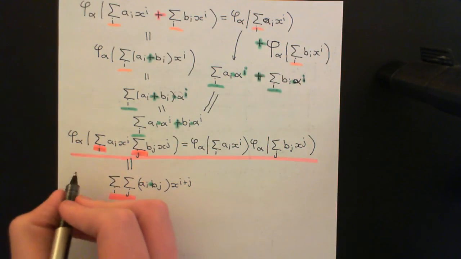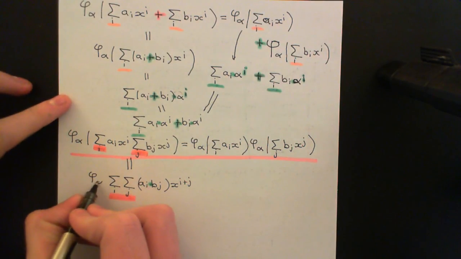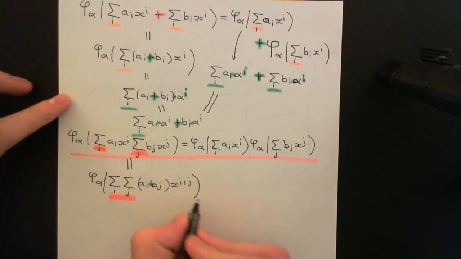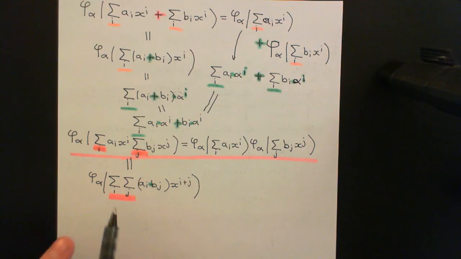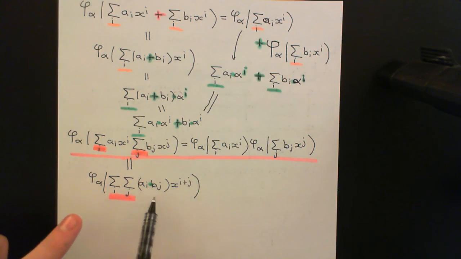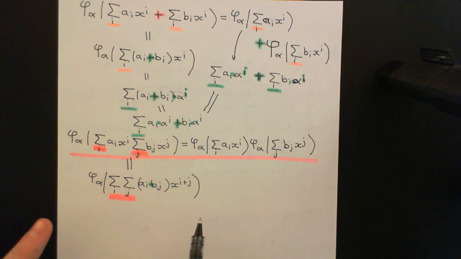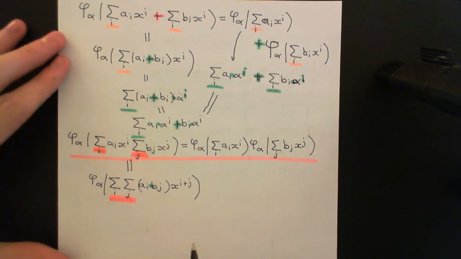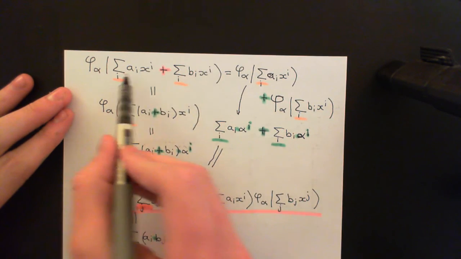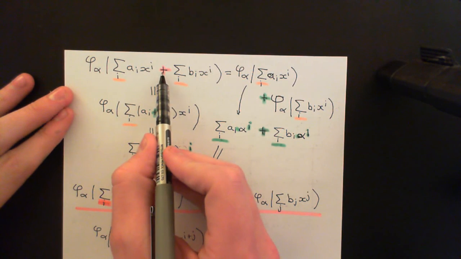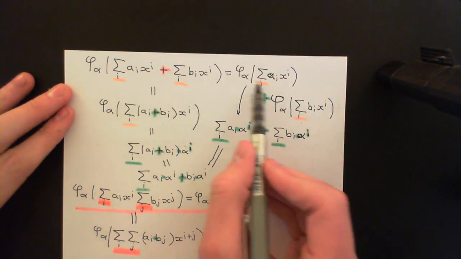Okay, and now what we want to do is take phi sub alpha of this thing. So this is a great big sum of monomials. Now, what we have proven so far is that if you have the sum of two separate polynomials like this, where the sum is being done in the polynomial ring, then we can split it up.